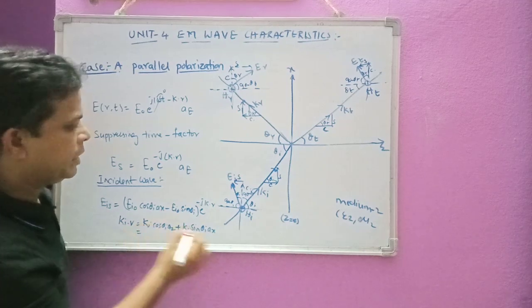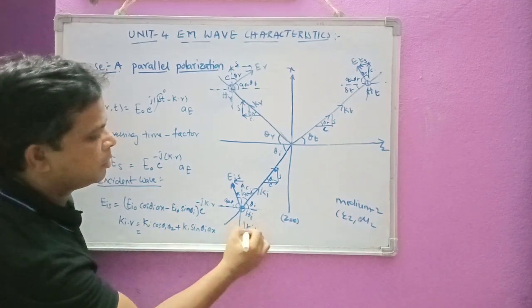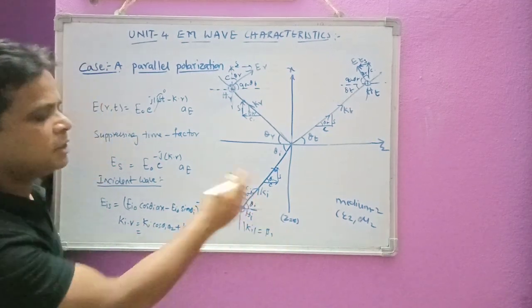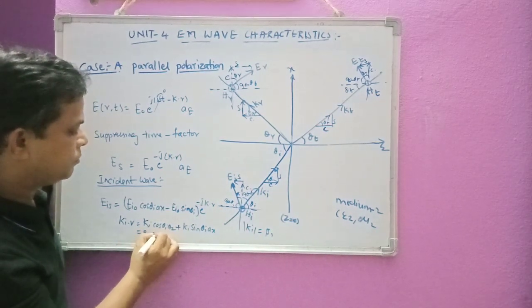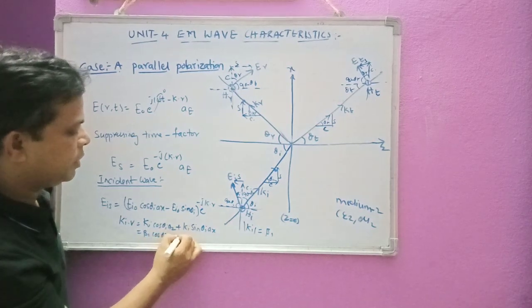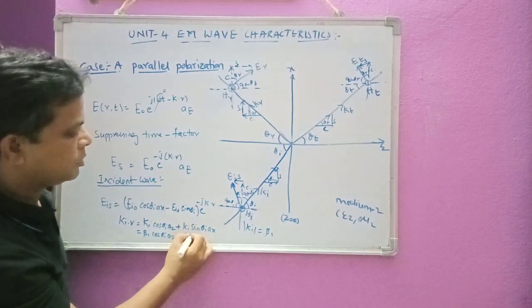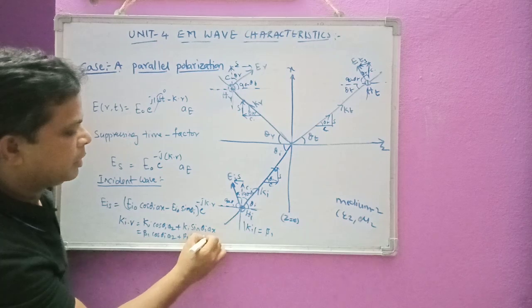Now here the magnitude of k_i is equal to beta 1, because it is in medium 1. I can write beta 1 cos theta_i a_z plus beta 1 sin theta_i a_x.